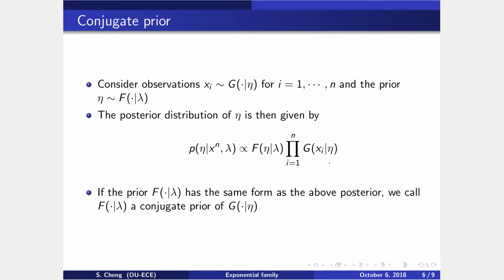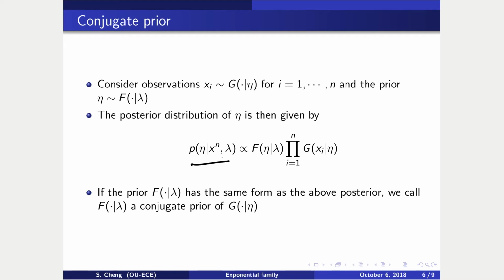And if the prior has the same form as this likelihood, or rather, if the prior has the same form as this posterior, that is, after the multiplication it has the same form, then we say that this prior is the conjugate prior.